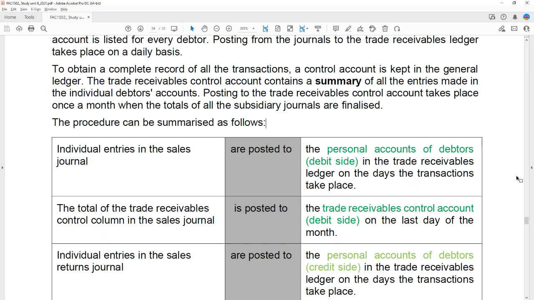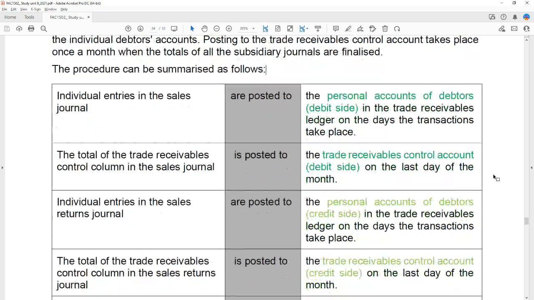So every time there's an entry, at the end of the day, when you do the entries that come from your sales journal, you're going to post them to the accounts of the debtors in the trade receivables ledger, so that you can have those individual entries there. And then the total of the trade receivables control column in the sales journal is posted to the trade receivables control account on the debit side on the last day of the month.